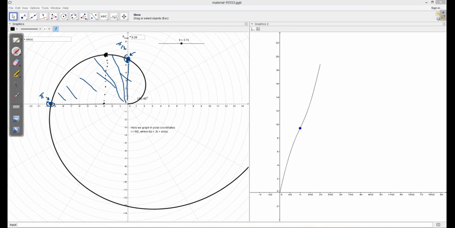So they want the theta, the angle that gets us there. So there's the radius. They want the angle theta, and they want the y-coordinate, since we already have the x-coordinate. Alright, that's going to take a little bit of algebra.